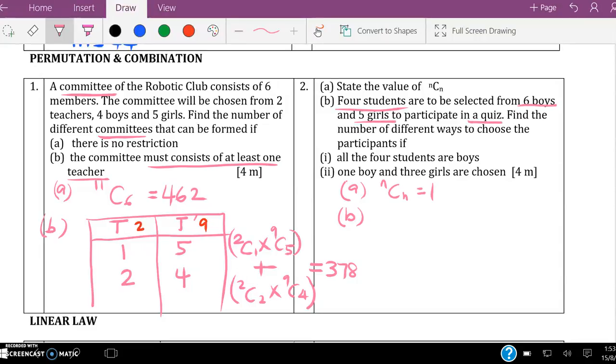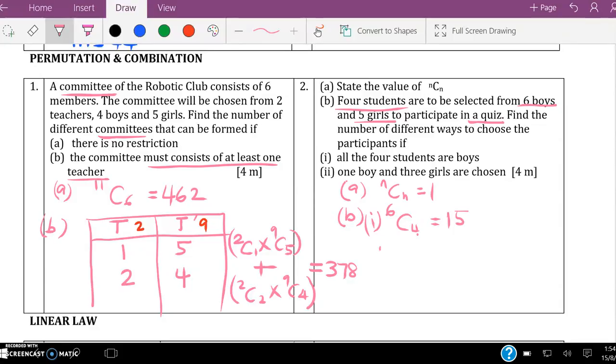For question B, 4 students are to be selected from 6 boys and 5 girls to participate in a quiz. So this is definitely not permutation. Find the number of different ways to choose the participants if all the 4 students are boys. It's just 6C4. That's all. It is 15.